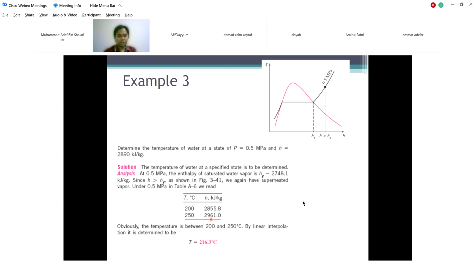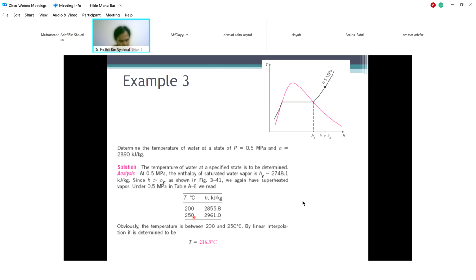These are the nearest values to 2890. So 2890 is located between these two values, where the temperature is 200 and 250.